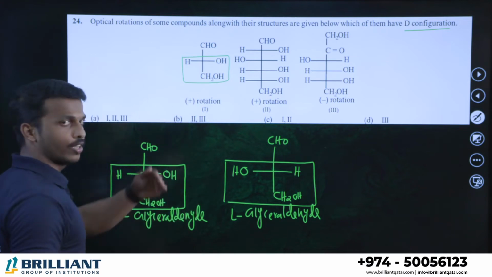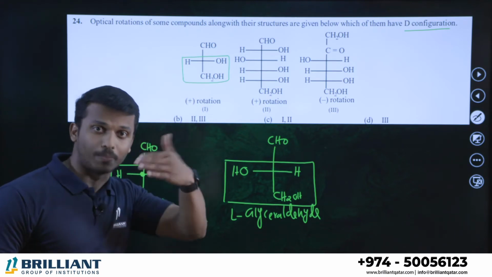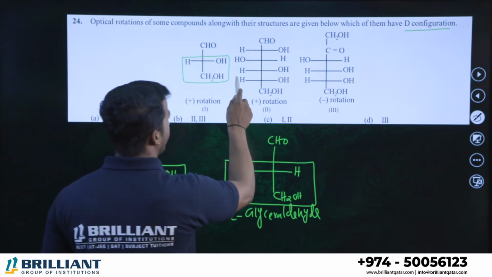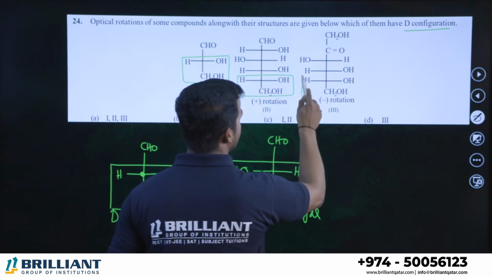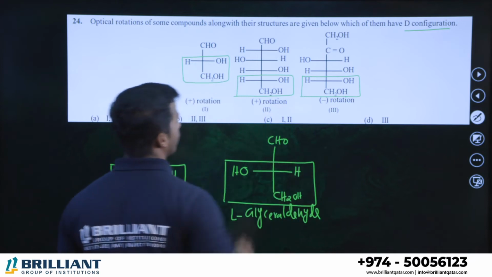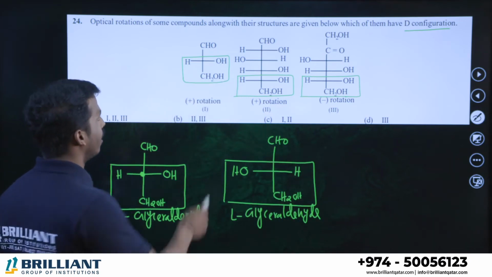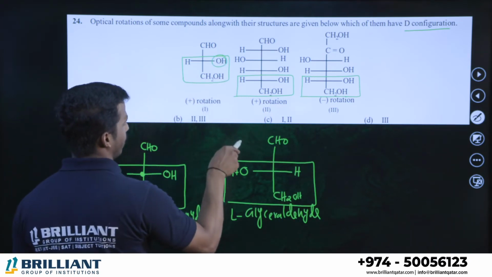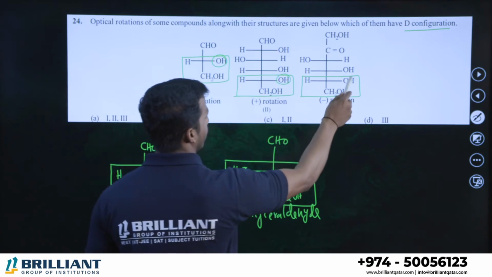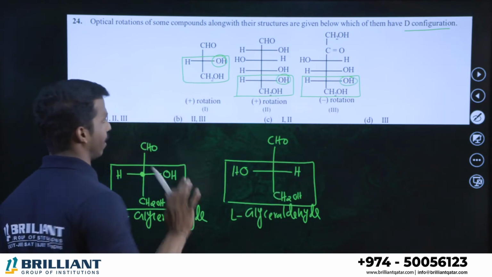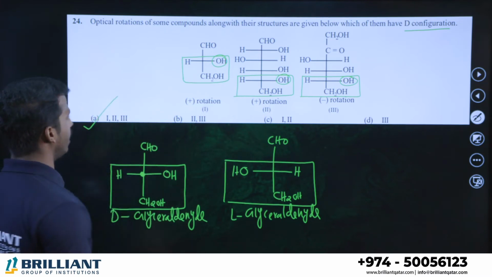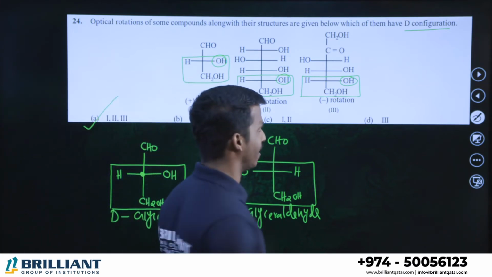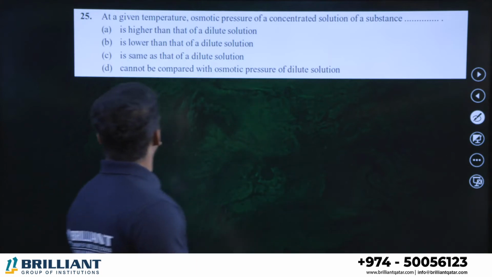Always observe this group in the bottom part. Now observe where the OH is located. Here OH is on the right side, D configuration. OH right side, D. OH right side, D. Same as this, so all of them have D configuration. 1, 2, 3 is the correct answer. Easy, right?